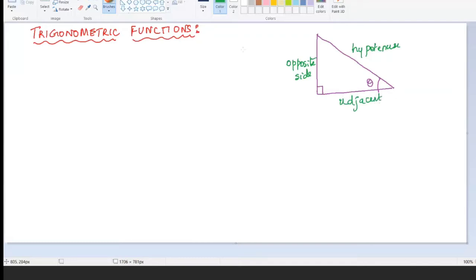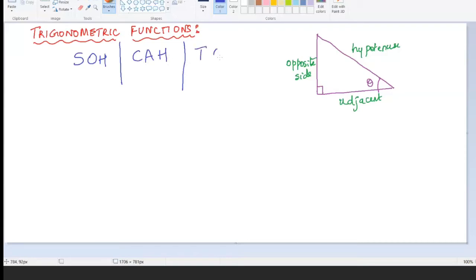Now you should remember one trick of mine. I don't know whether you have remembered the same trick from high school. Remember SOHCAHTOA. Do you remember the same thing? Anything which you are comfortable with is fine, but I want the correct one. So I remember SOHCAHTOA.